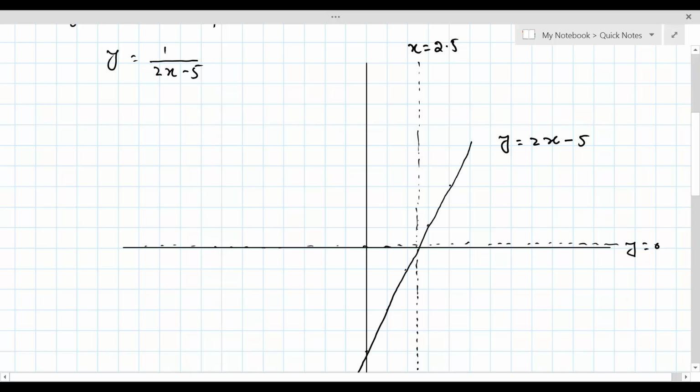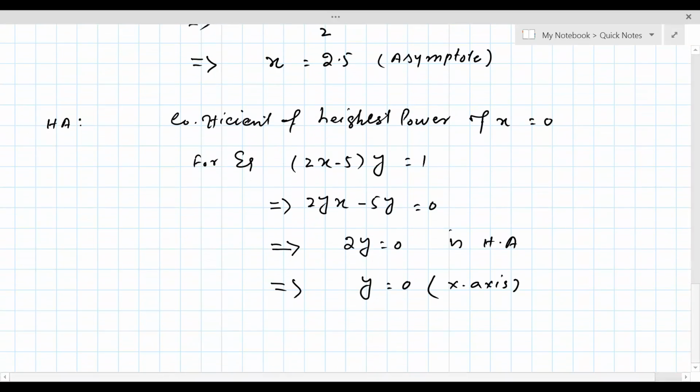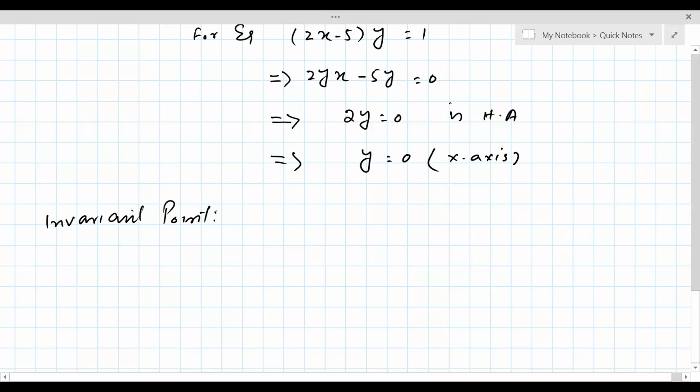Once we have found asymptotes, next we are going to find out the invariant points. For invariant points, we are going to put y is equal to 1 one time, and another time we are going to put y is equal to minus 1 in the given equation of the reciprocal function.